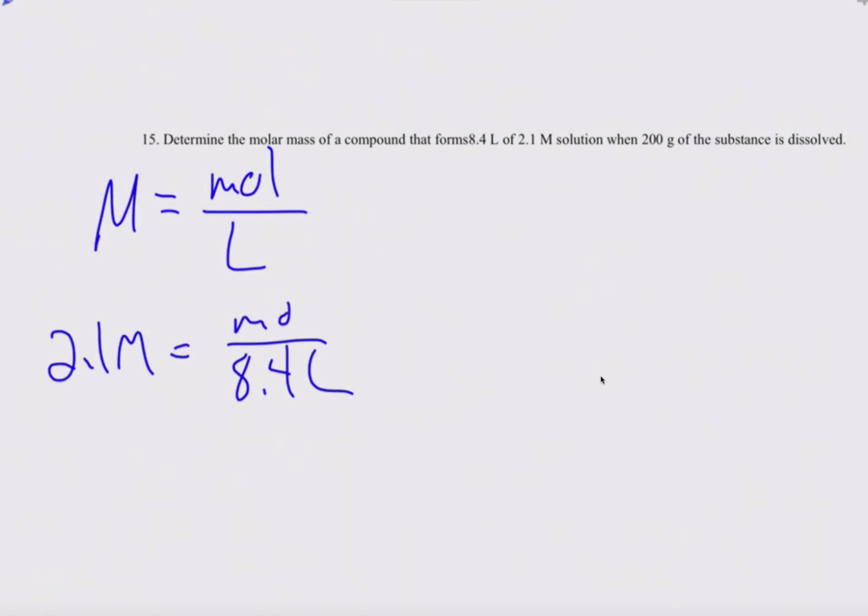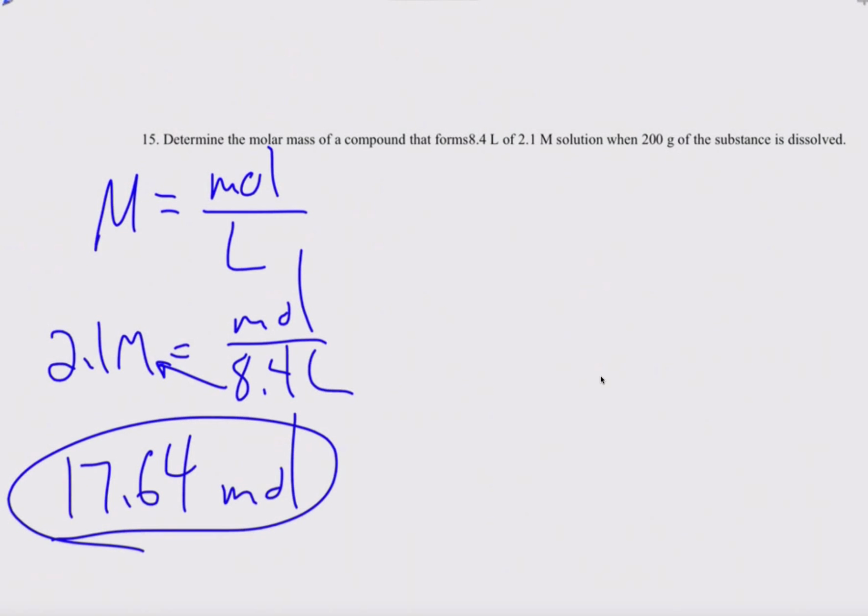We're not given the moles, but we can find the moles. We multiply 8.4 times 2.1, and we find that the number of moles is 17.64 moles.